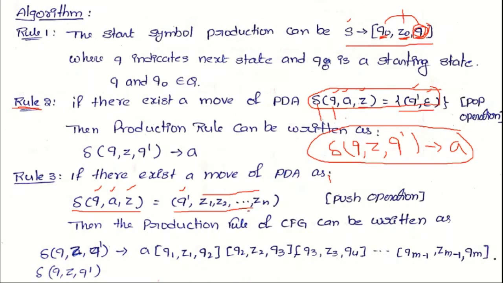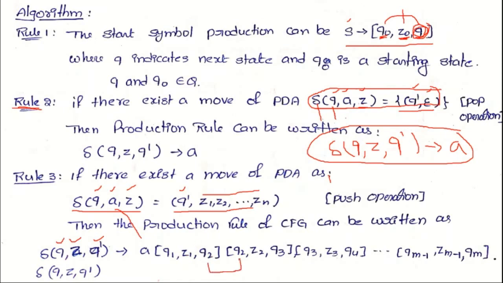In this situation we can convert this transition into a production rule with the current state q, the current top of the stack z and the next state q dash, which derives the input a and whatever the next state, say q1, with top of the stack z1, and then go to the next state q2.